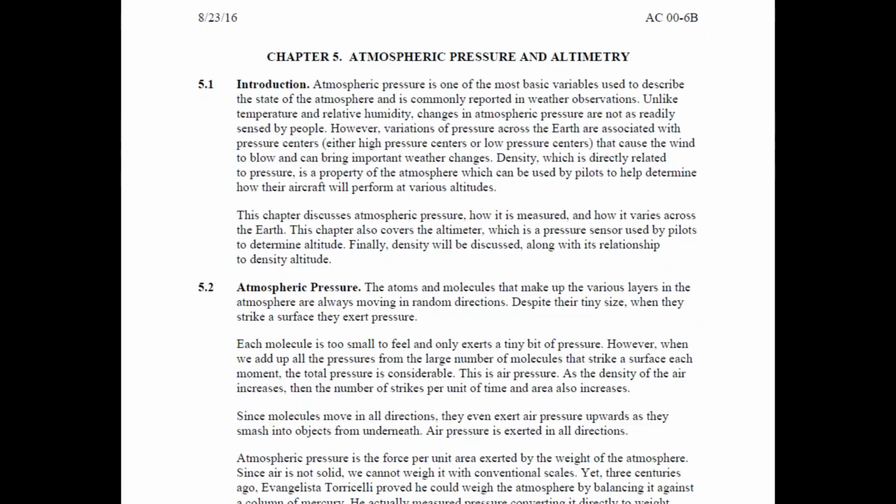So if anybody ever asks you what the standard atmosphere is, you would say 15 degrees Celsius at mean sea level, at MSL.